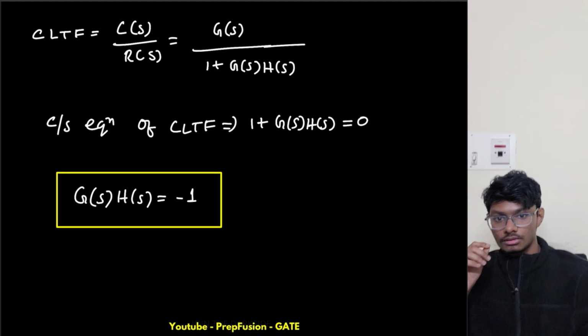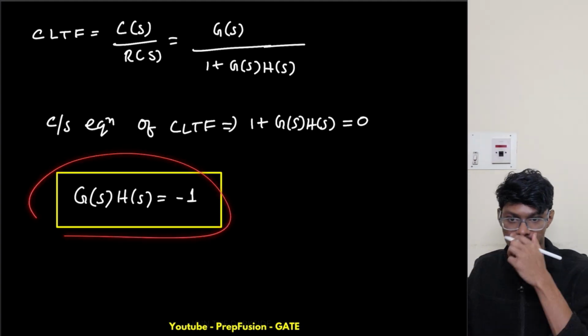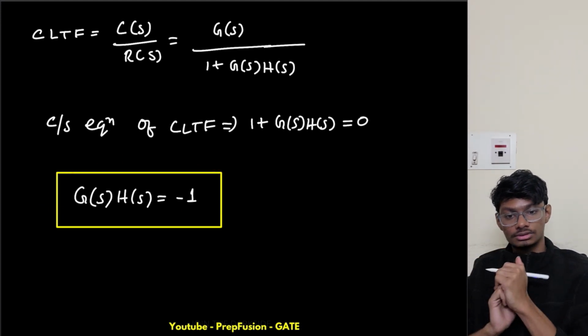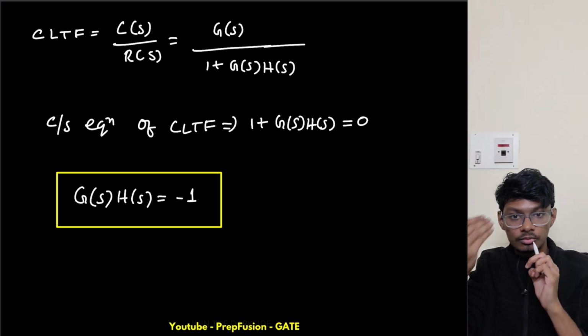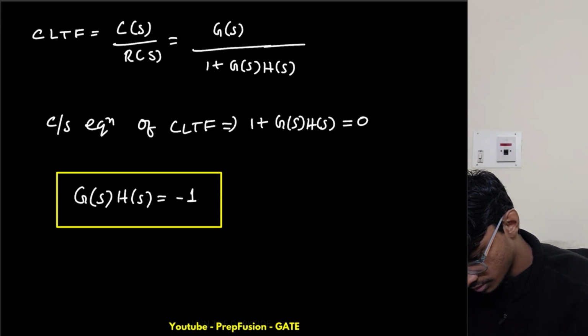So for any value of S which satisfies this equation, that value of S will be my closed loop pole, at S equals SP.